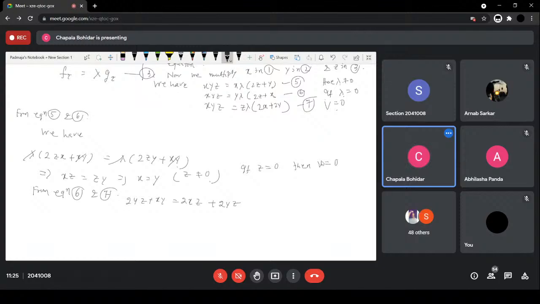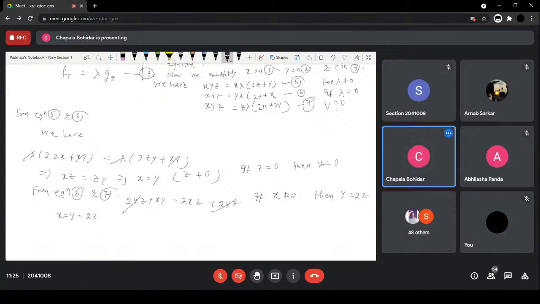So 2yz cancels out. Taking x is not equal to 0, then y is equal to 2z. If x is equal to 0, then the volume becomes 0. So what we get here is x is equal to y is equal to 2z.